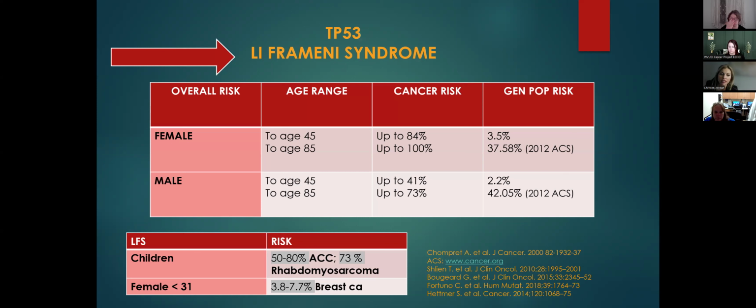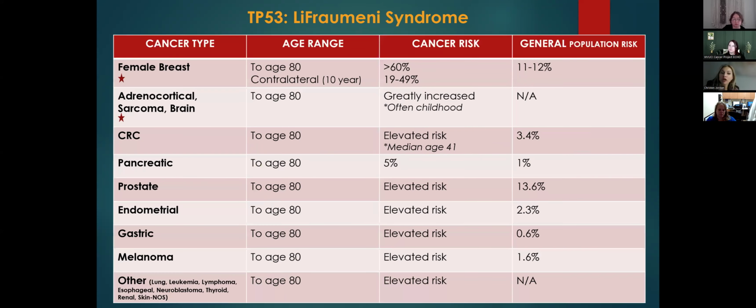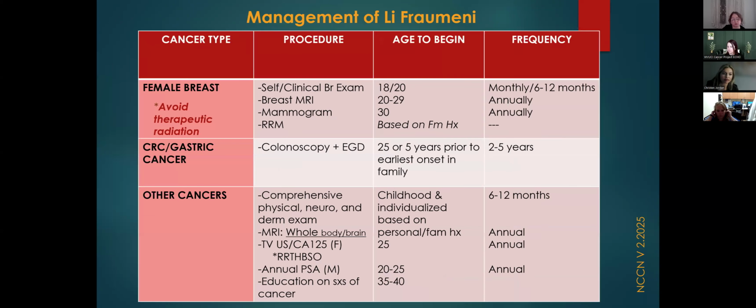In children, the key is adrenocortical cancer and rhabdomyosarcoma. And if you're seeing a breast cancer before the age of 31, you always want to think about Li-Fraumeni. The core cancers are listed there: breast cancer, adrenocortical, soft tissue and bone sarcoma, and then brain cancer, but you can see anything. So just keep that in mind.